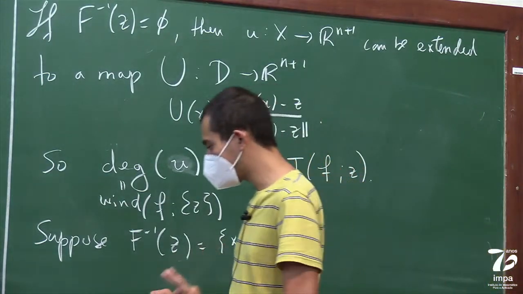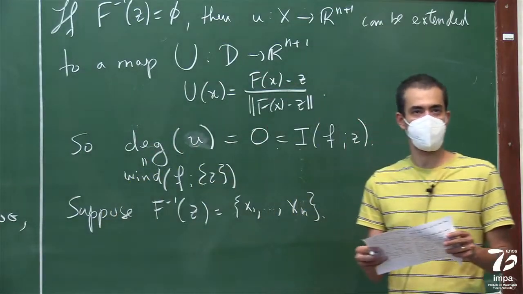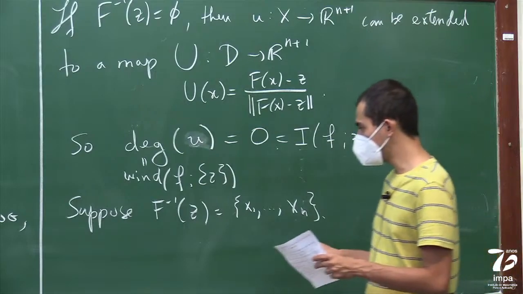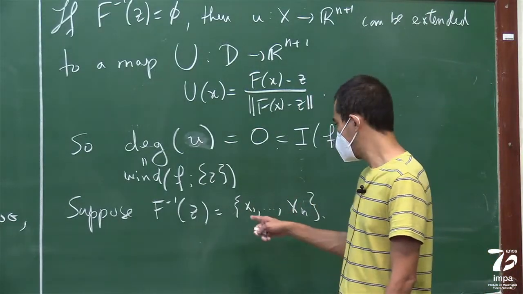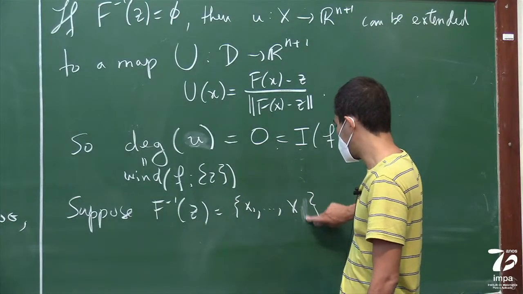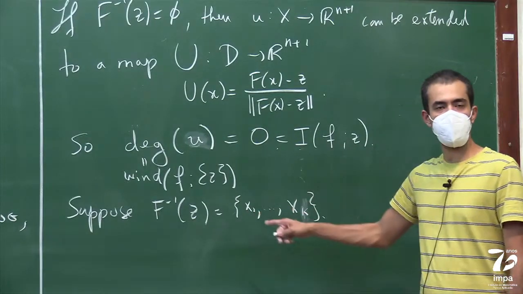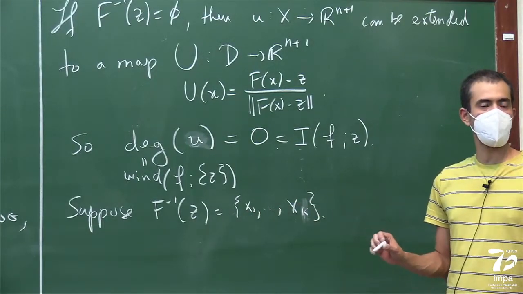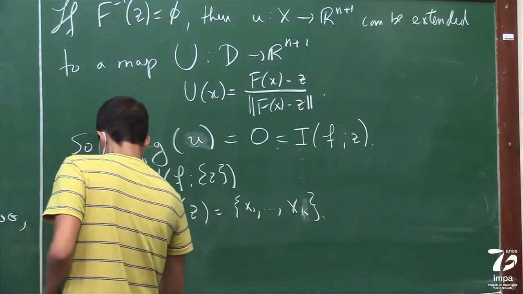Now we're going to do something that's going to look a lot like complex analysis, but it's actually in higher dimensions. By the inverse function theorem, because we're assuming that z is a regular value, at all of the xi's we have a local diffeomorphism.